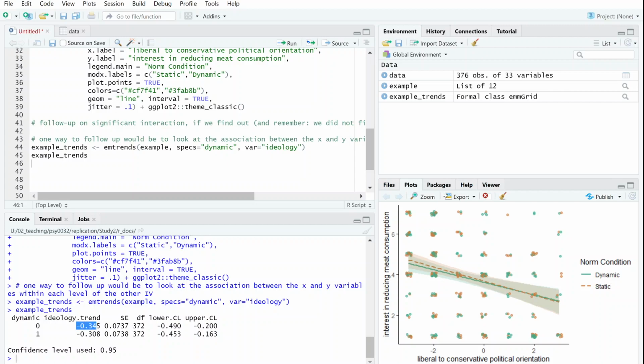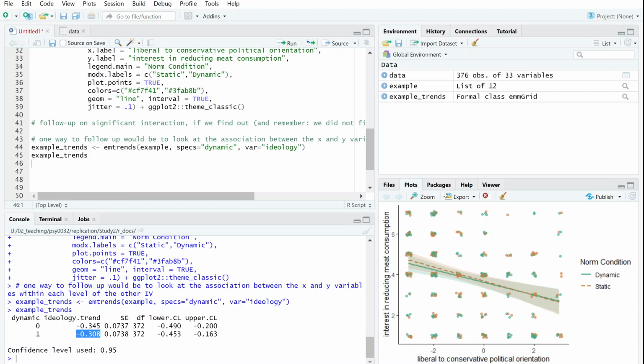And of course, we also know that these two estimates are in fact not significantly different from one another, right? Because, well, they're just not. The difference is not statistically significant. We knew that from the regression that we ran earlier.